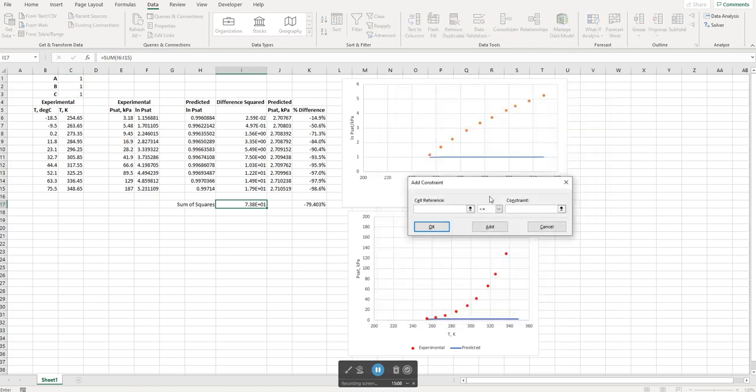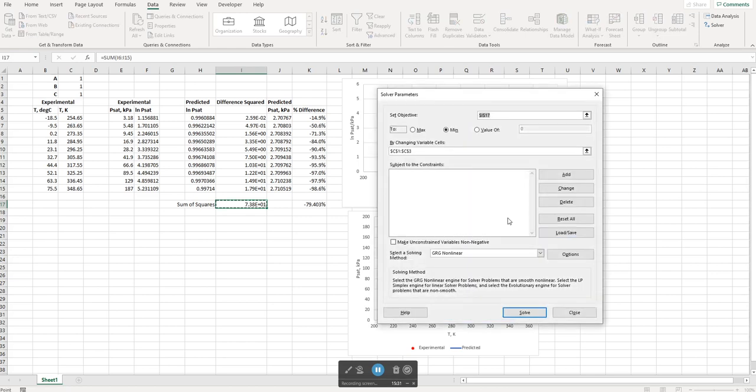If I wanted to add constraints, you can do this, and you can go on to 20 different YouTube channels, and you could find how constraints could be added. I could limit A, for example, to be less than 5,000 or something like that, or whatever you want. But we're not going to have any constraints here. All right.